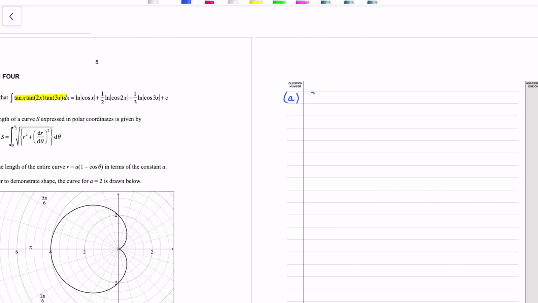So, the derivative of the right-hand side, d dx right-hand side, is 1 over cosine times minus sine.